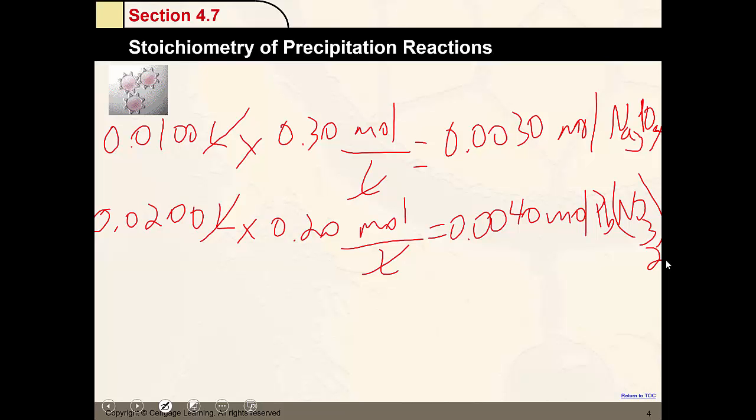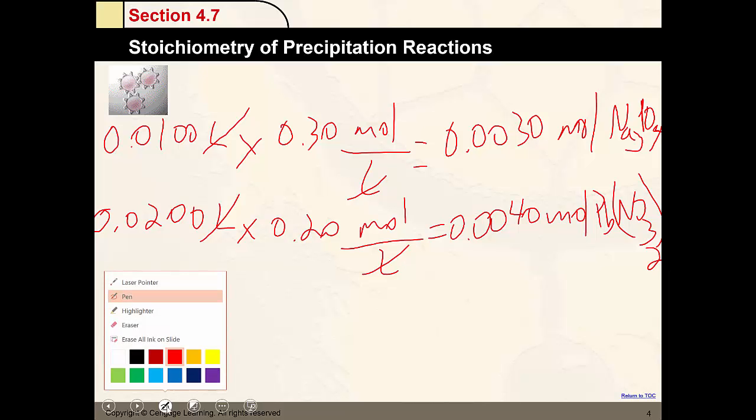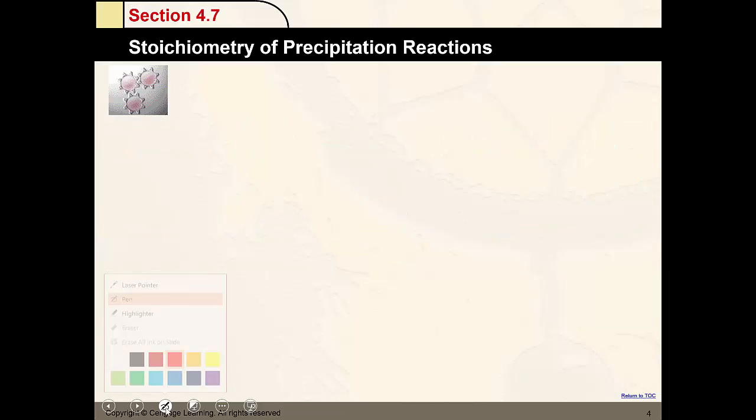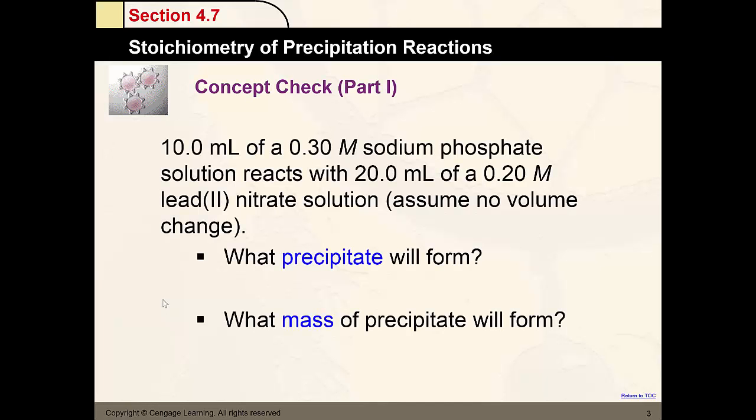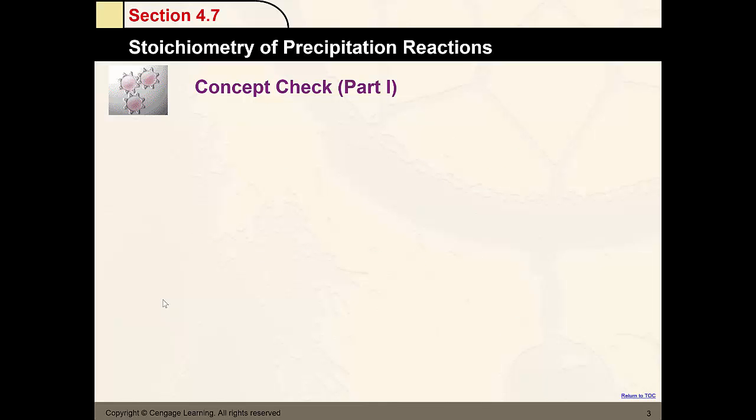Okay, so now that we have the moles of each reactant, now for each one we can convert to the mass of the precipitate, the mass of the solid product, to see which one is the limiting reactant. So for the sodium phosphate, we just said we had 0.003 moles of sodium phosphate. And so we can use the mole ratio from our molecular equation.